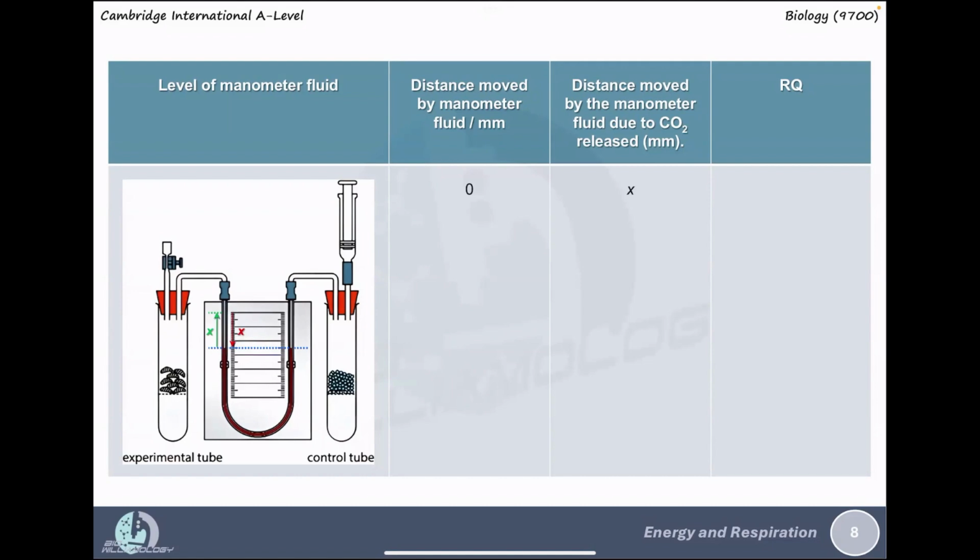Because the volume of O2 consumption is X millimeter and the distance moved due to CO2 release is X, the RQ value is equal to 1, because RQ equals X over X, which is 1.0. So the value 1.0 indicates that this organism carries out aerobic respiration, and the respiratory substrate is carbohydrate.